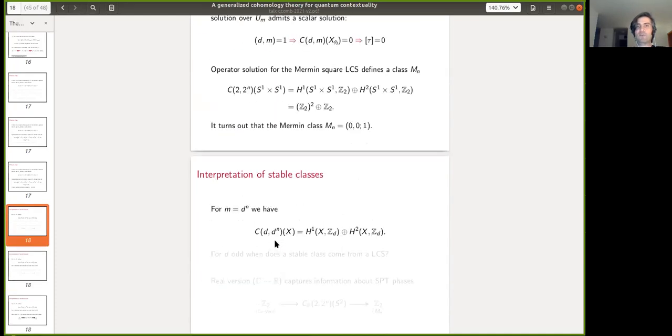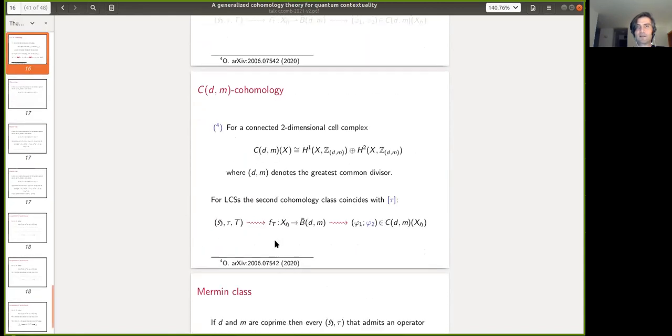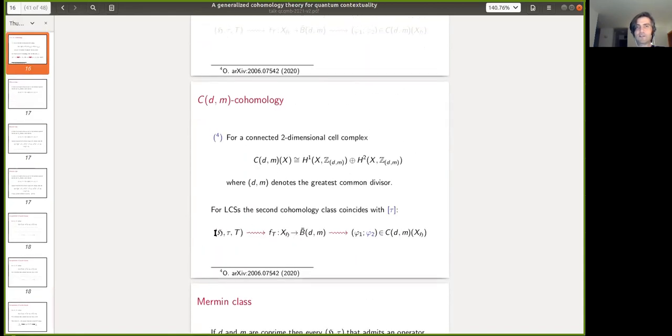So for SPT, there's a similar line of thought. Instead of starting from a linear constraint system, which is the combinatorial thing that we are looking at, people start from lattice models, right? And then from there, there's a way to go to classes in generalized cohomology theories. Of course, you don't use CDM, but you would use some versions of K theory or some versions of cobordism theories. And the way I looked at this class, I looked at what their class corresponds to on the right-hand side and compared the generalized cohomology theories.